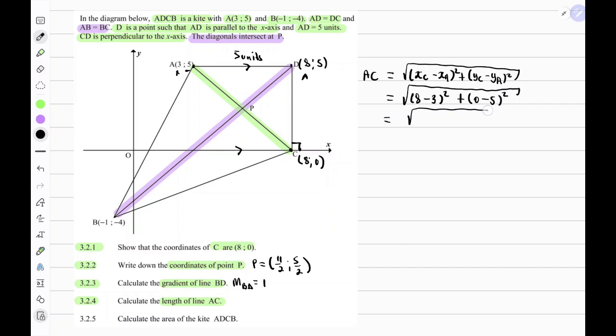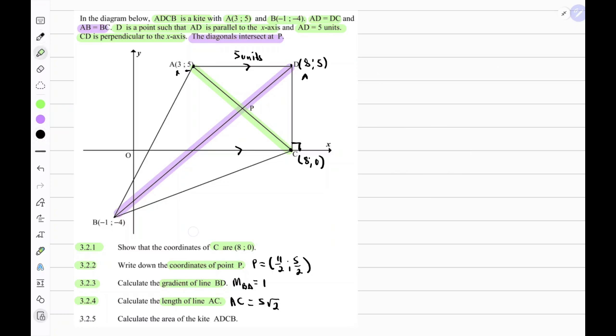So this here is 5 squared plus negative 5 squared, and this is equal to the square root of 25 plus 25, which is equal to the square root of 2 times 25, which is equal to 5 square root of 2. And 3.2.5 wants us to calculate the area of kite ABCD.